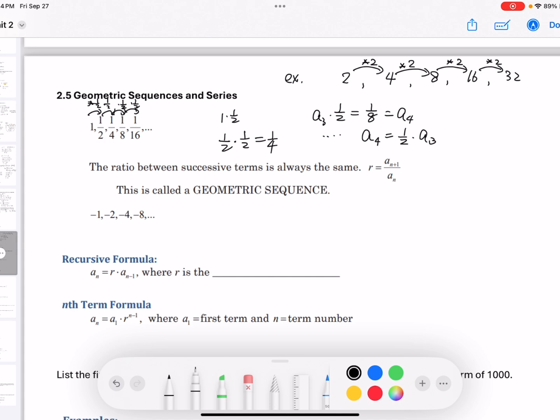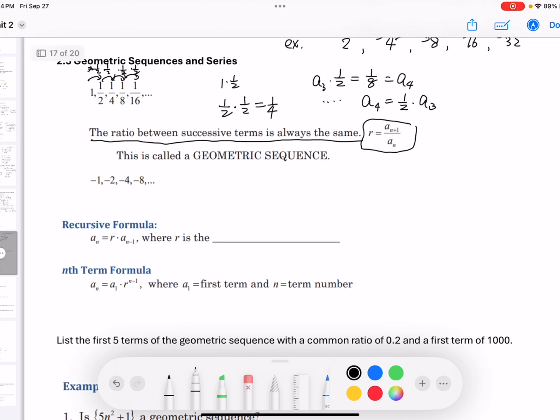So the ratio between successive terms is always the same. The ratio R is equal to a term divided by its previous term. This is called a geometric sequence. If I have a sub 55, for example, it is equal to a sub 54 times R, and isolating R, R is divided by a sub 54.